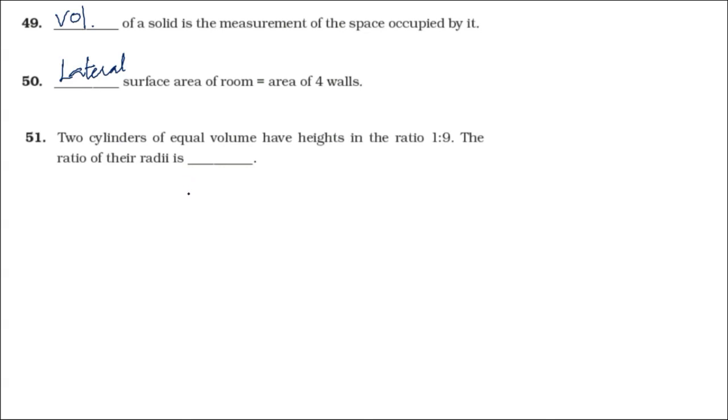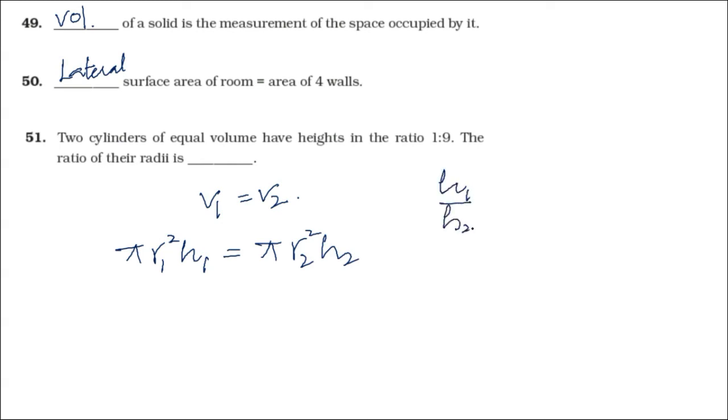Here the two cylinders have equal volume. V1 is equal to V2. So it means that pi R1 square H1 will be equal to pi R2 square H2. What is known to us is the ratio of their heights. H1 by H2 is known to us, it's 1/9.